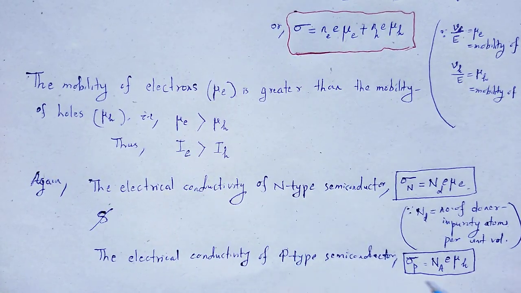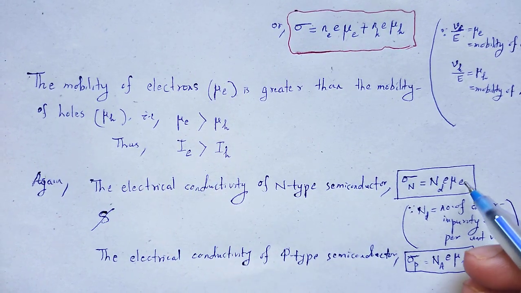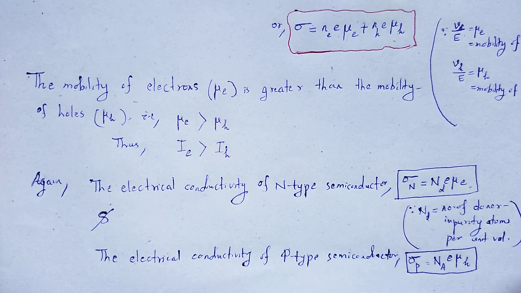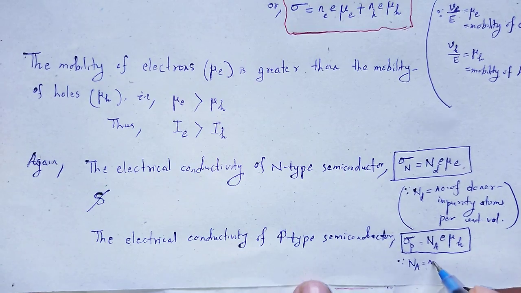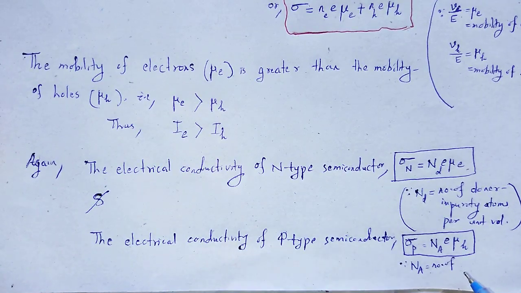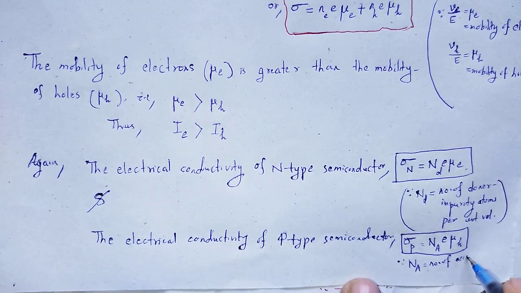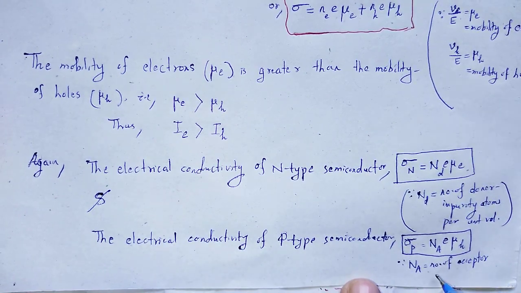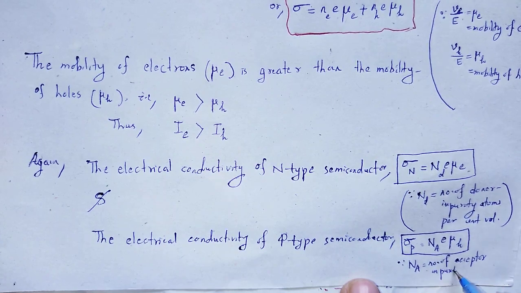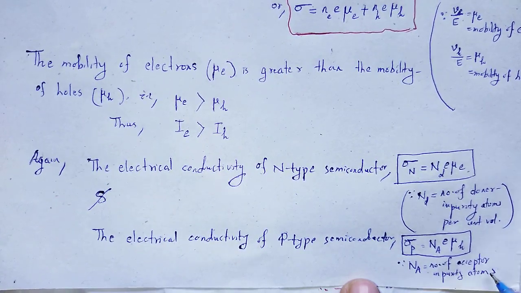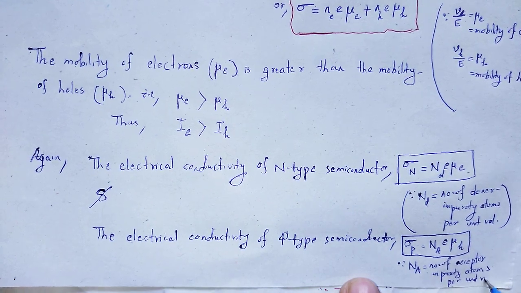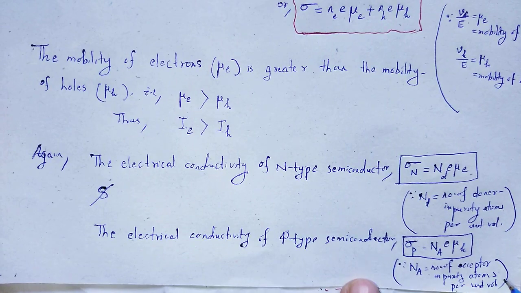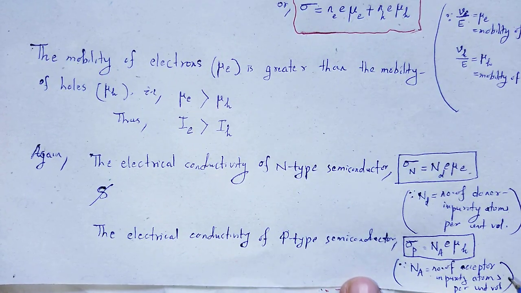In case of p type, holes are the charge carrier. In case of n type, electrons are the charge carrier. Therefore, Na is the number of acceptor impurity atoms per unit volume.